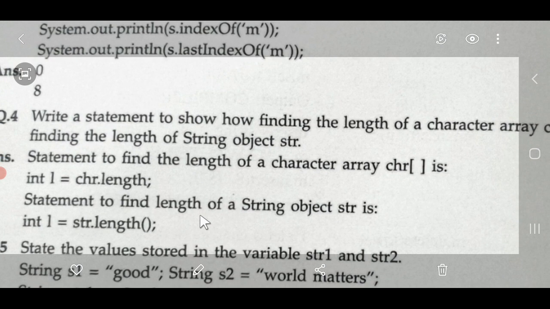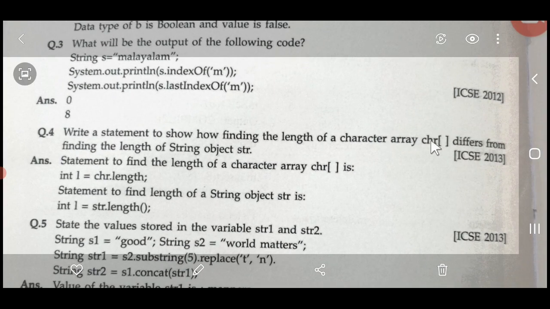After that, write a statement to show how finding the length of the character array chr differs from finding the length of the string object str. So students, str is an object of string type, so the function length will be called. So length will be with the parenthesis, and we find the array length of the character array.